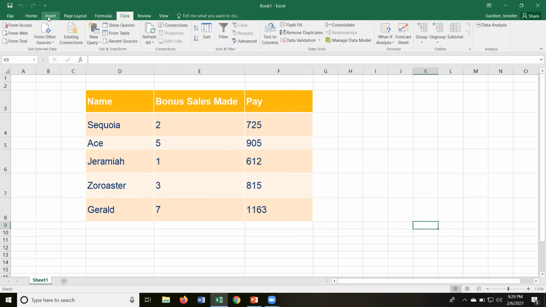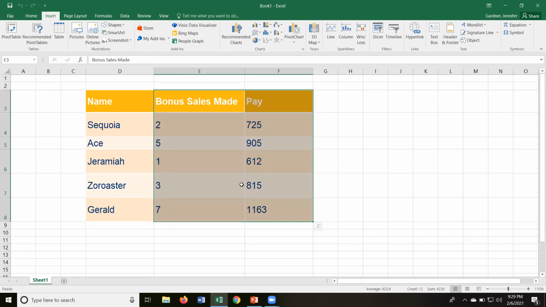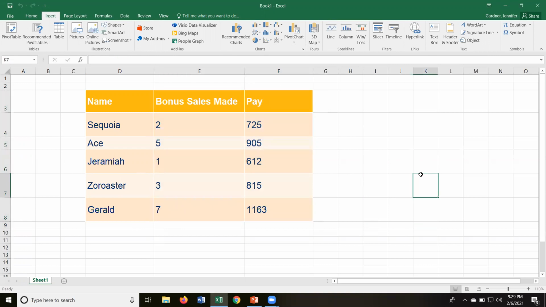So I'm going to go up at the top to Insert. And I want to use this scatter plot here. But before I can do it, it's much easier if I've highlighted my two columns. So I need my two columns with my numbers, and I want them in the order of X and Y. So we have to decide which one's X and which one is Y. Remember, X is the explanation, the one we are using to predict.